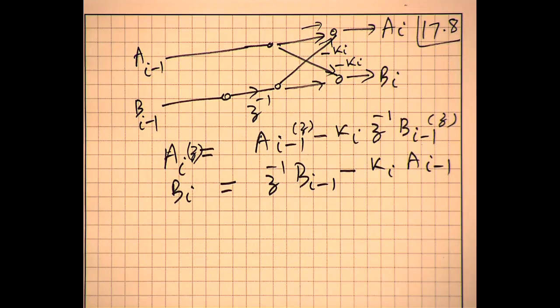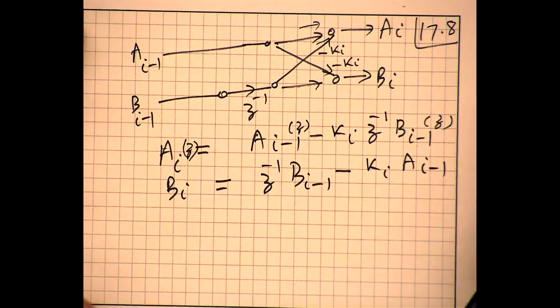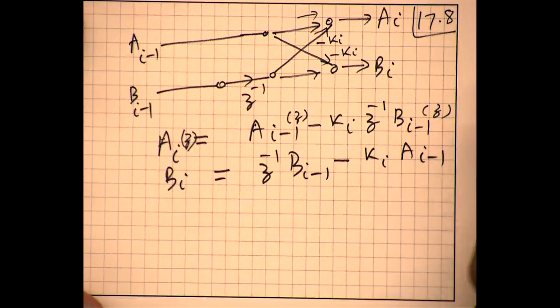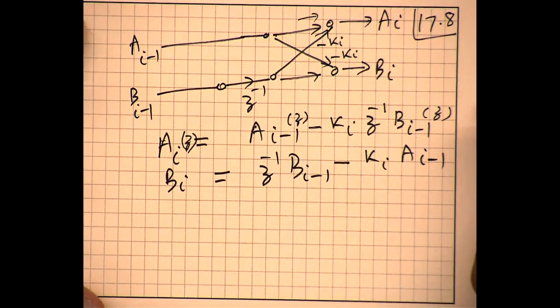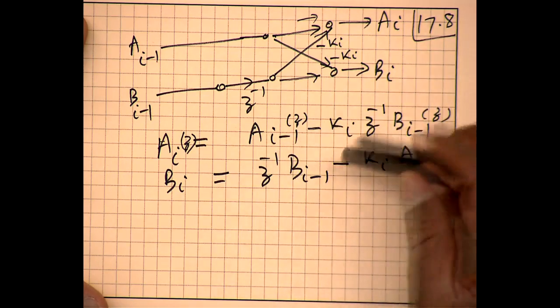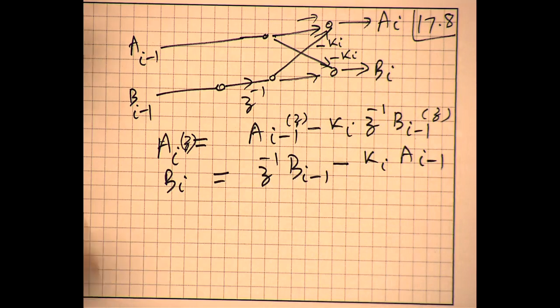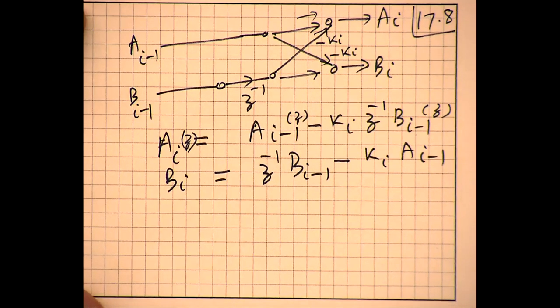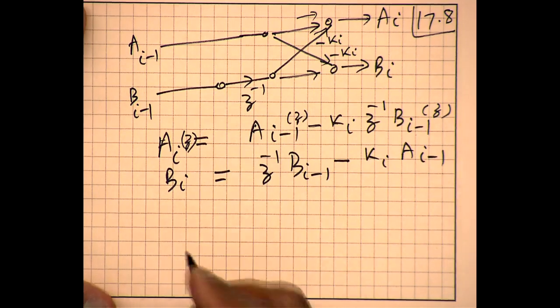So the way these lattice stages work is, given a transfer function, all we have to really do is get these K coefficients. If we can get these K coefficients, then we are done. So we'll talk about how to get the K coefficients.